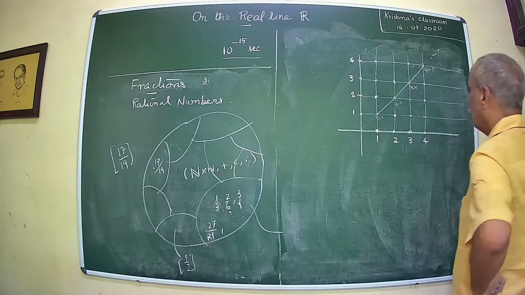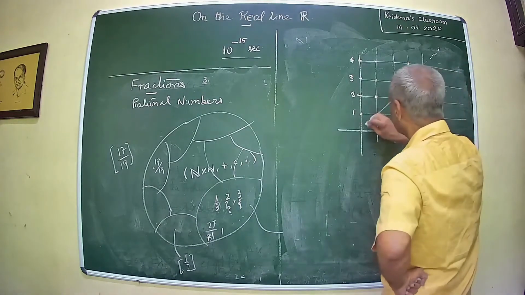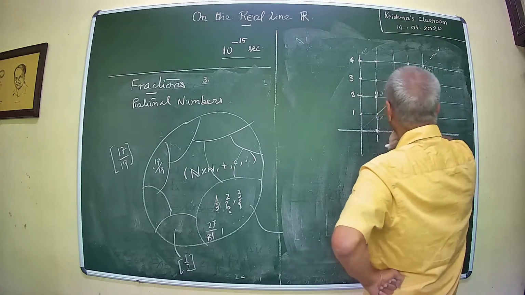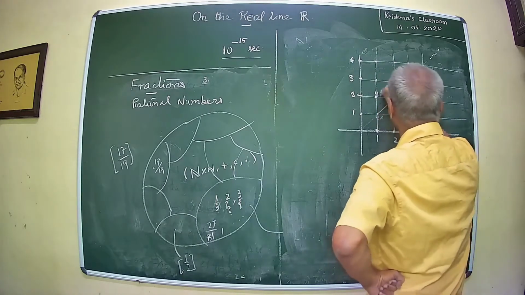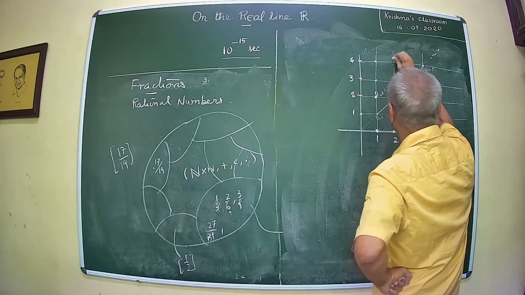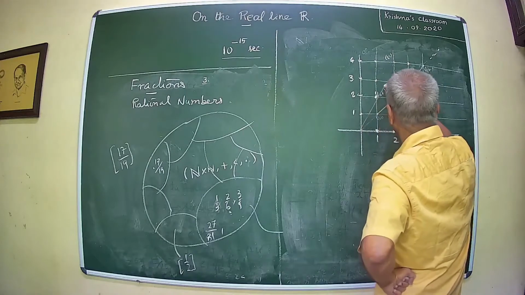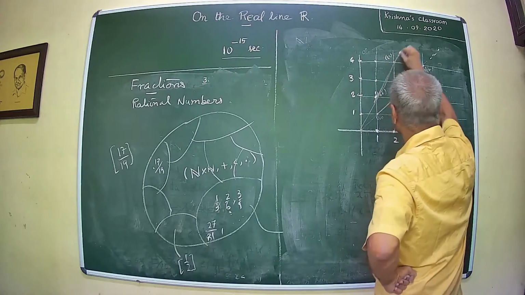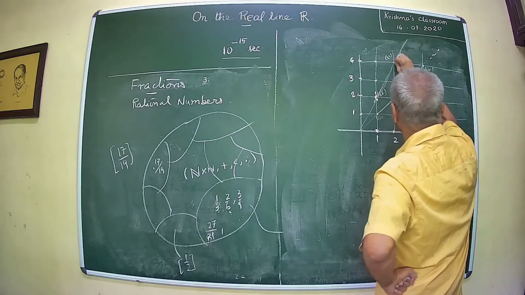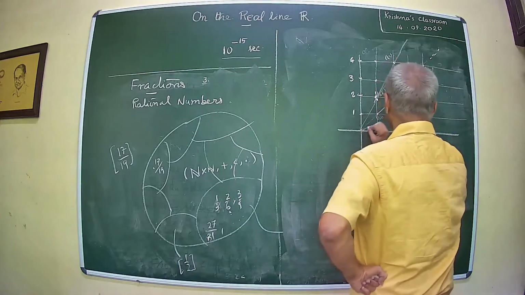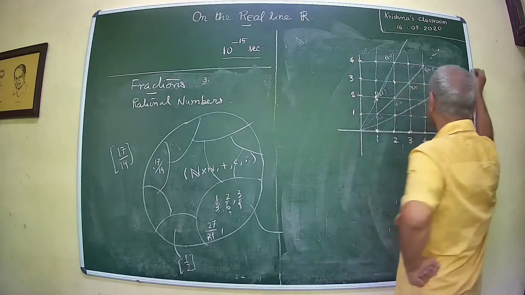Now join this. See, this is (1,2) with (2,4). So you join this. This line passes through these points, and so on. Similarly, if you take this, it is going to go through these points.